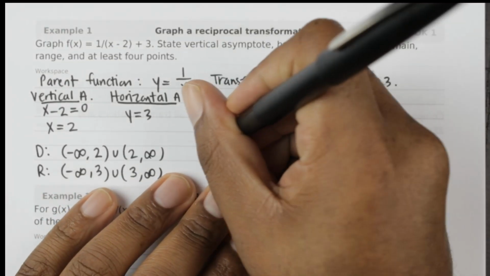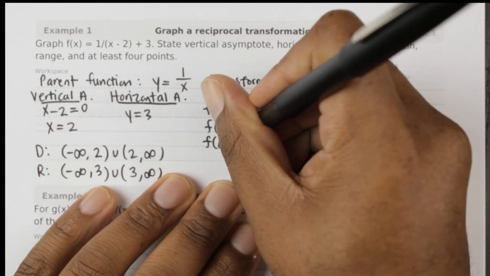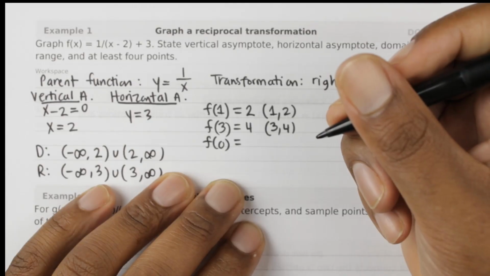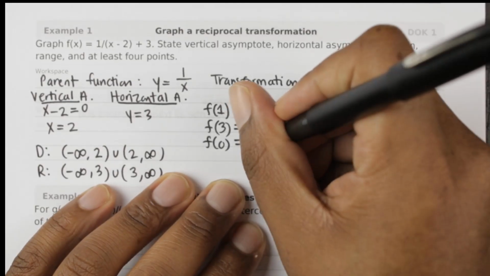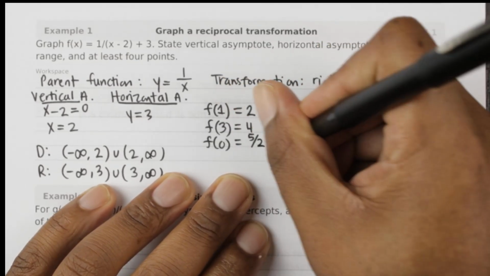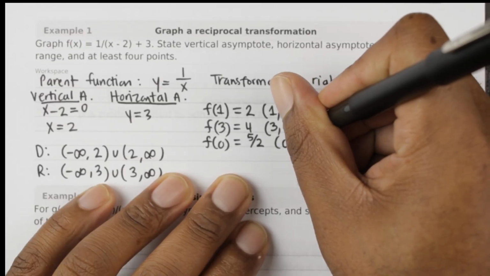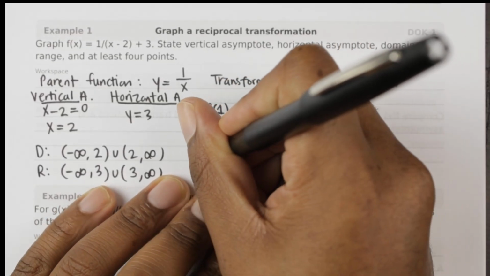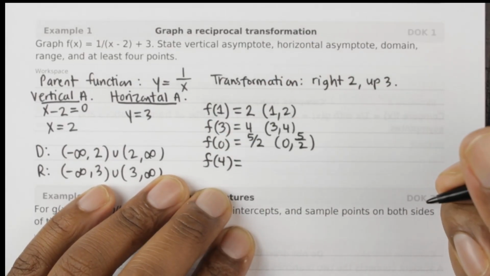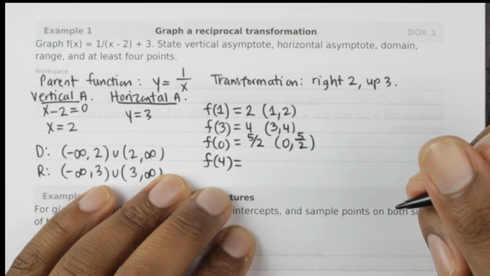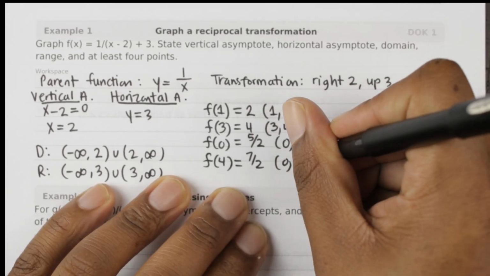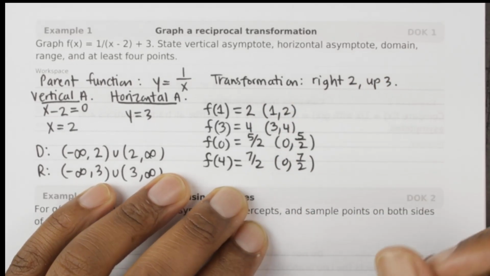If we chose 0, we have 5 halves, that'd be 0, 5 over 2. And if we chose 4, 7 halves, or 4 comma 7 over 2.